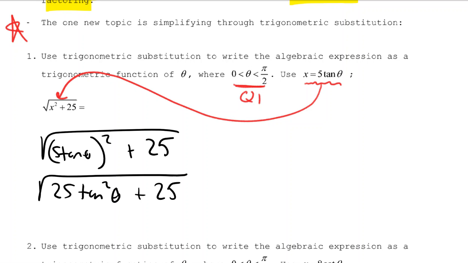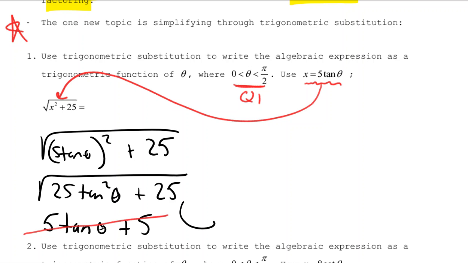And then here's where the big mistake happens. So I'm going to write out the wrong thing and then put a line through it. I know it's tempting to say, well, I could just square root 25 tangent squared to get 5 tangent, and then I could square root 25 to get 5. But that's not how square roots work.